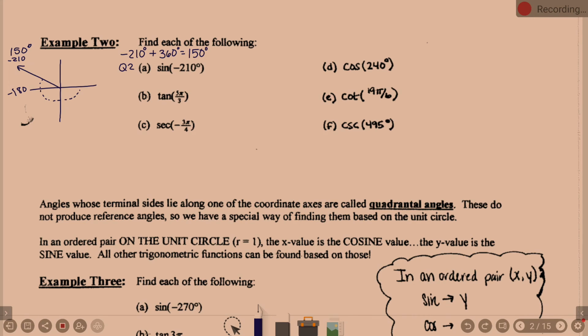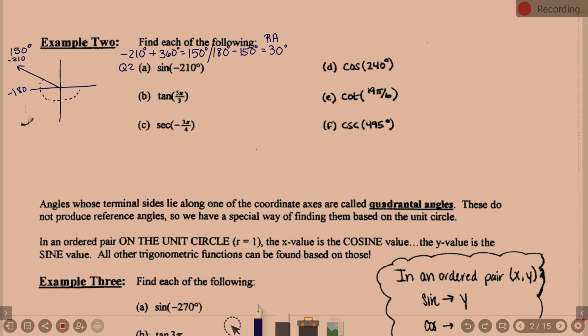And how far is it from the x-axis? 30, because you're subtracting from 180. So 180 minus 150 is 30, and 30 is my reference angle.